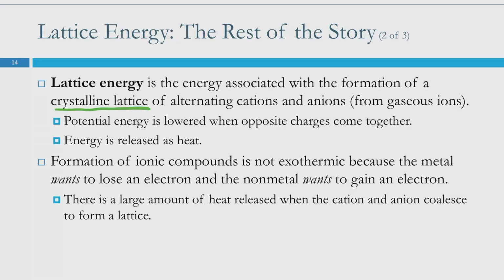When it comes together, the opposite charges come together, and that causes a lowering of the energy. Lower energy means stability. It's more stable when the positive and negative charges come together. And that extra energy is released as heat. They kind of lock into place. It's the way you can think of it.